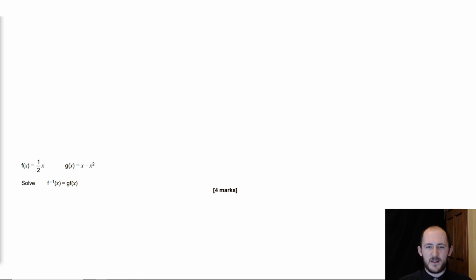So if I use these functions, do you mean something like f of g of f of g of x? Something really weird like that?